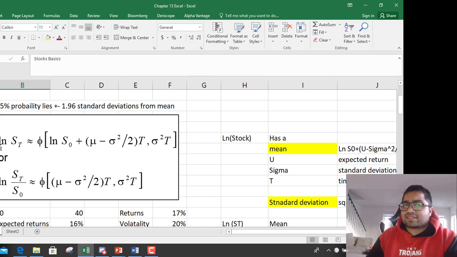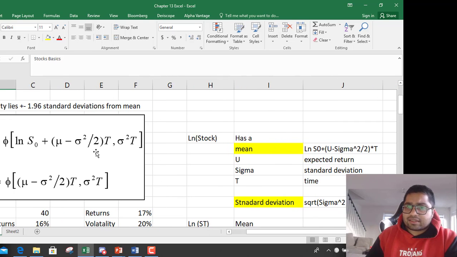So first let us discuss this formula. What does this formula mean? This formula means that the log normal of a stock has a mean of natural log S0, S0 being the current stock price. ST is the stock price in future.